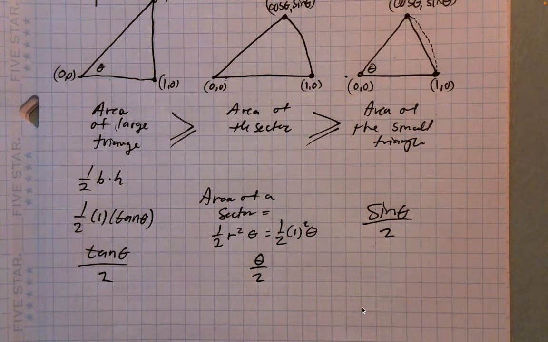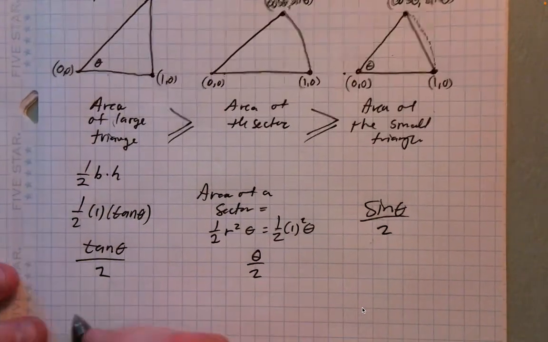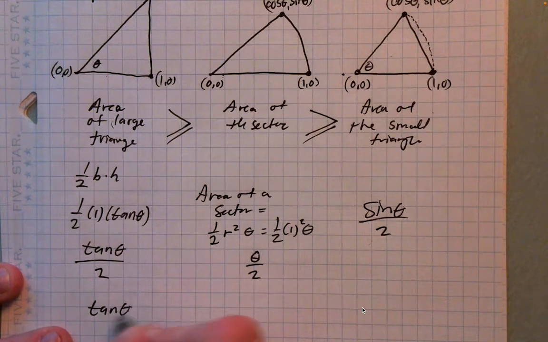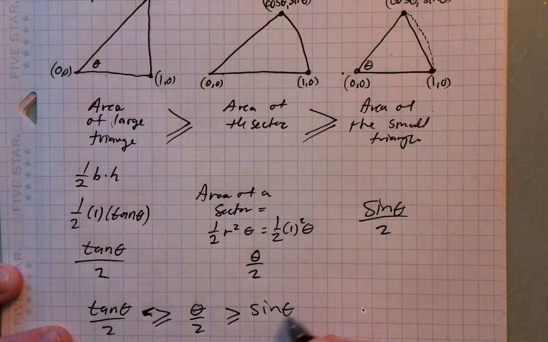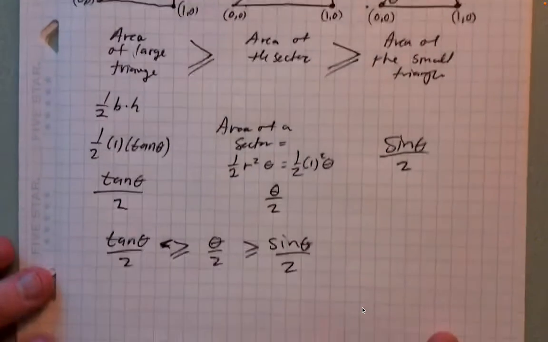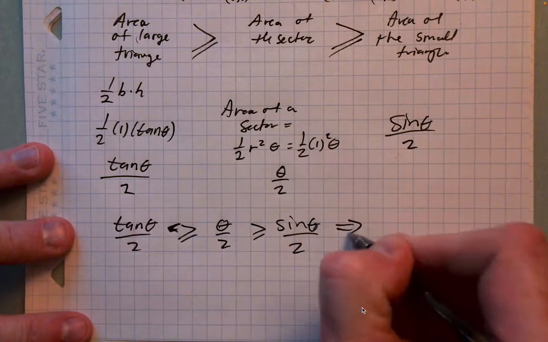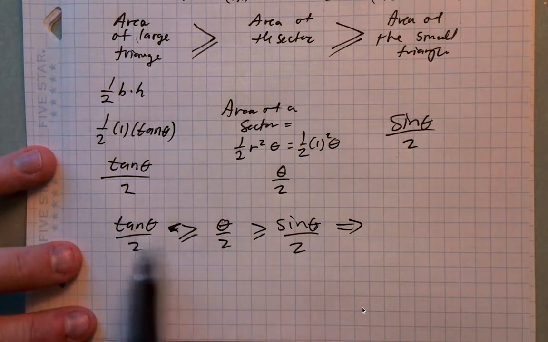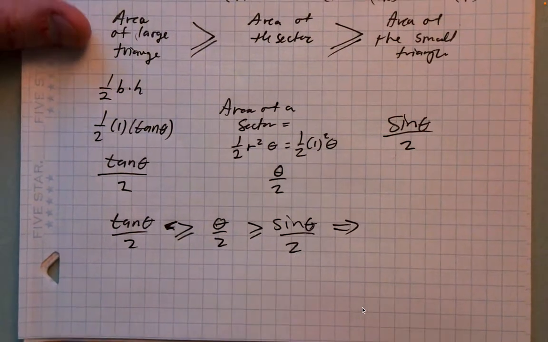Basically what we're saying here is that tan theta over 2 is greater than or equal to theta over 2, which is greater than or equal to sine theta over 2. These are the areas. If that's true, then as long as we're using appropriate algebra, we can manipulate these things.